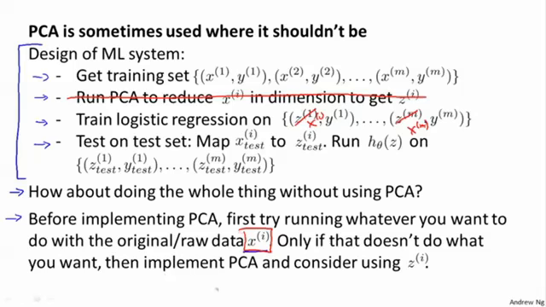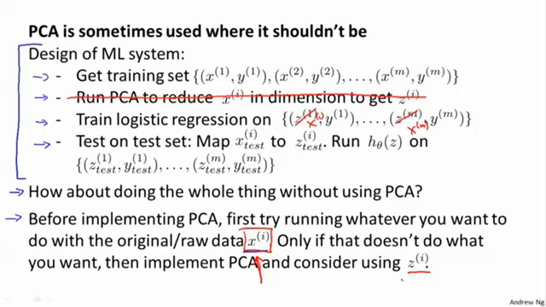So only if your learning algorithm ends up running too slowly, or only if the memory requirement or the disk space requirement is too large, so you want to compress your representation. But only if using the xi doesn't work, only if you have evidence or a strong reason to believe that using the xi won't work, then implement PCA and consider using the compressed representation.